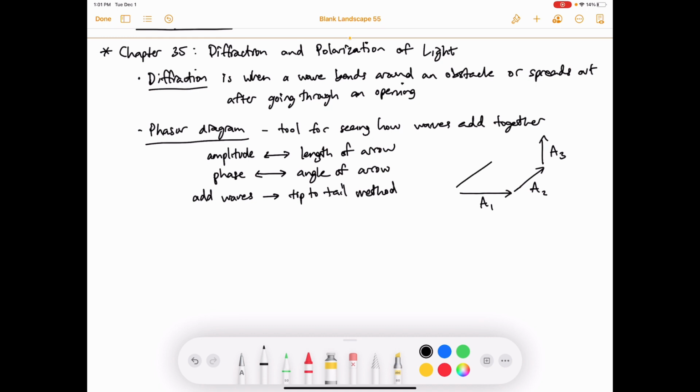So the total amplitude, when I add all these waves together, is given by this arrow, which goes from the start of the first arrow to the end of the last arrow. This is how we can deal with any number of waves being added together. You can have 2 waves or a billion waves being added together, and you can still use this basic technique. Which takes us then to single slit diffraction.